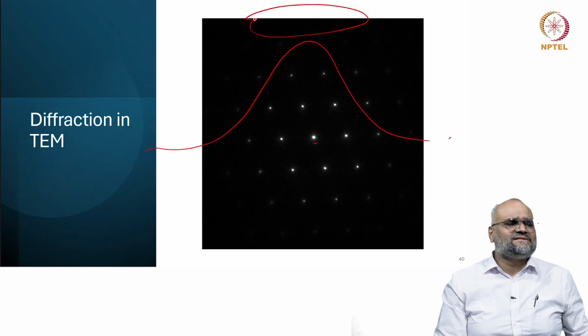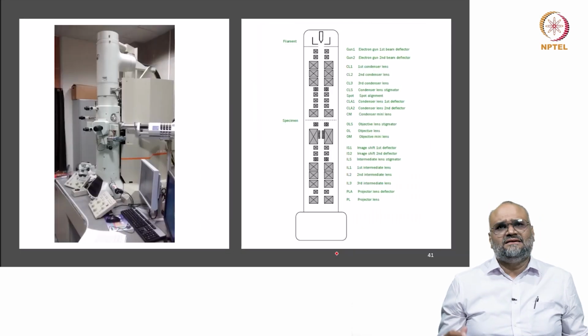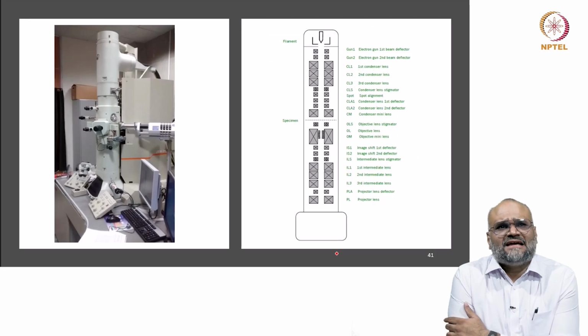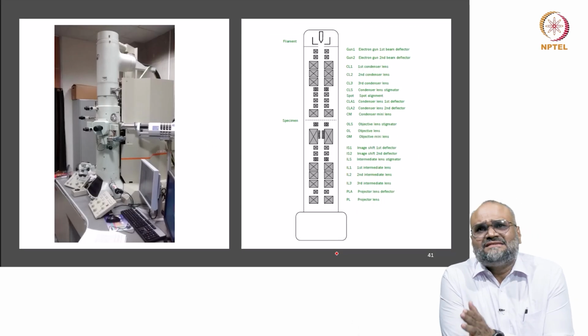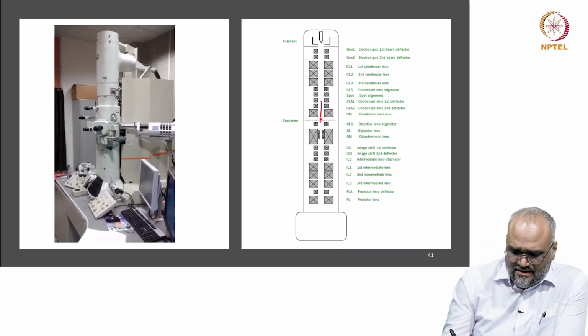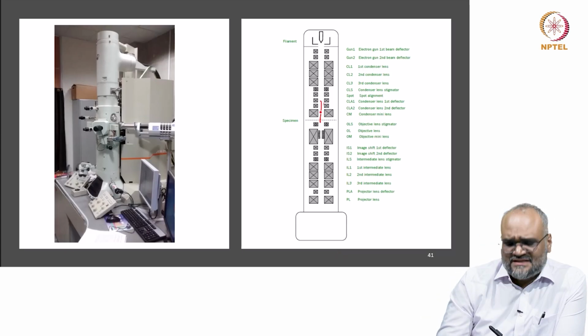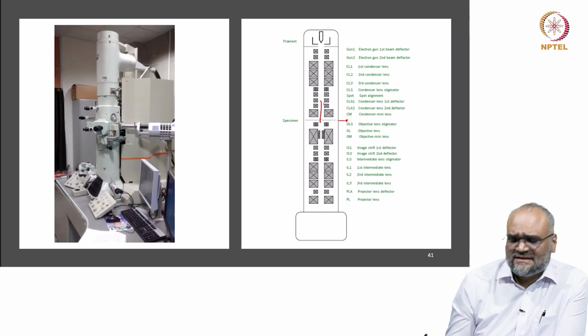Let us try to understand how these diffraction patterns are obtained in TEM. So if I look at this reference image again, where I see the microscope column and the schematic of the column, when parallel electron beam which is illuminating the specimen is imaged such that the specimen is also oriented along the crystallographic zone axis.